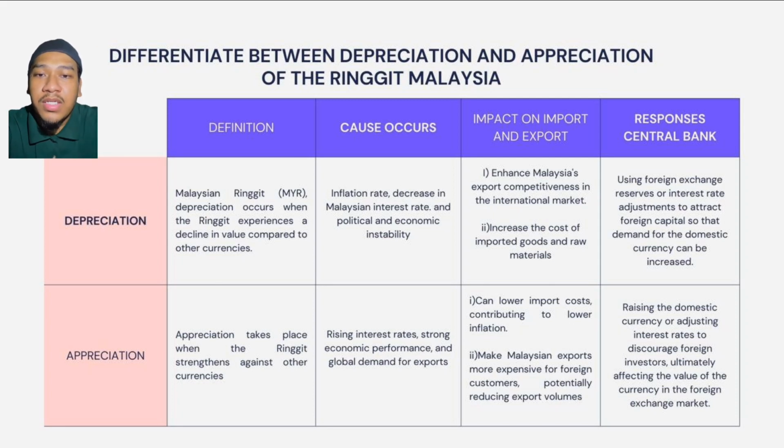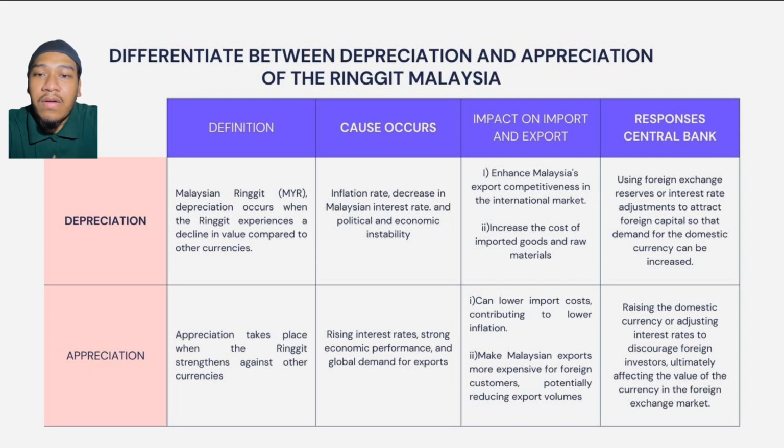Depreciation in the case of the Malaysian ringgit occurs when the ringgit experiences a decline in value compared to other currencies, and appreciation takes place when the ringgit strengthens against other currencies. Second aspect is cost occurs.